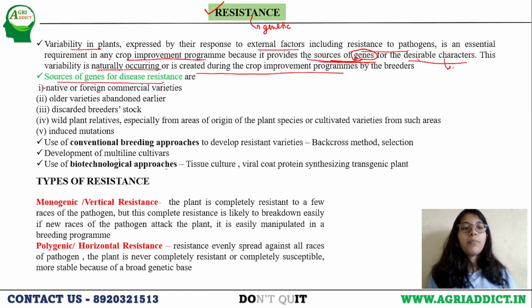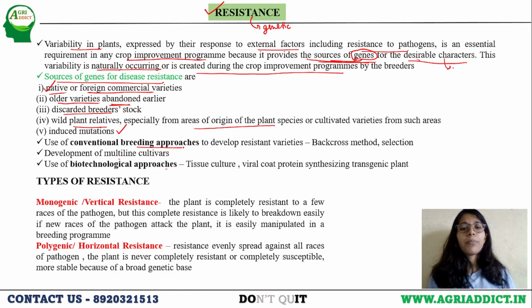It might be from a native or indigenous variety or from any foreign commercial varieties, the older varieties whose cultivation has been abandoned earlier, the discarded breeder stock, the wild plant relatives, especially from the areas of the origin of the plant species, and by induced mutation.